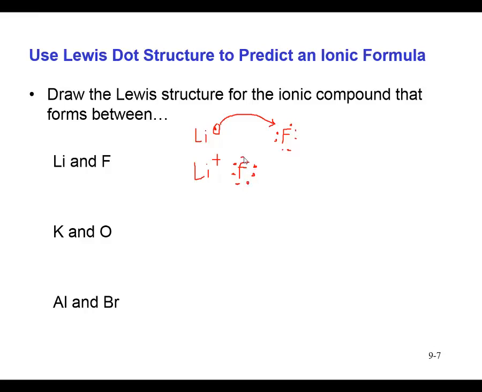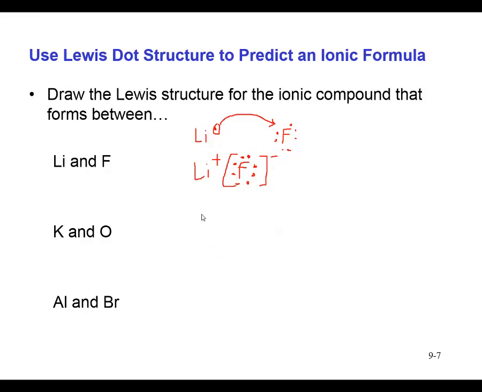And you go ahead and practice drawing these as well as we're going through these. I'm going to show square brackets around the fluoride to indicate all of those valence electrons belong to the fluoride. They no longer belong to the lithium. And we show the negative charge of the anion that's formed in the upper right hand corner. So we're predicting the most stable types of ions that can form, but we're also seeing how that relates to the valence electrons that we have looked at before in the electron configurations as we form these cations and anions.